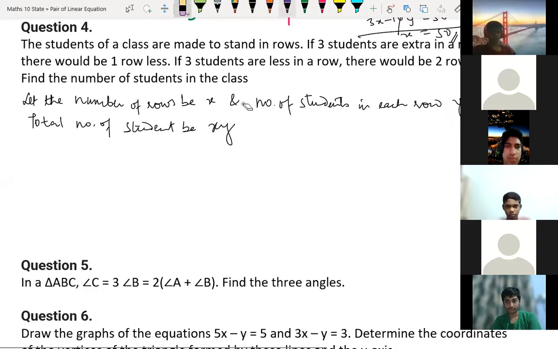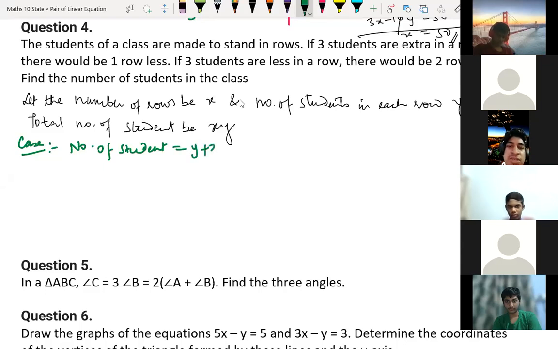After this, Javian, in case 1, there are 3 more students in each row. So there are 3 more students. More means x plus 3? No, the number of students becomes y plus 3, not x plus 3. That one I'm saying: the number of students becomes now y plus 3, right? Yes, sir.